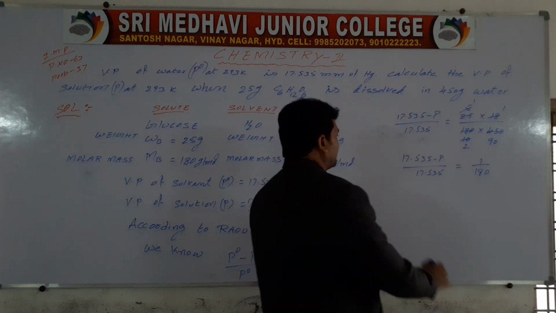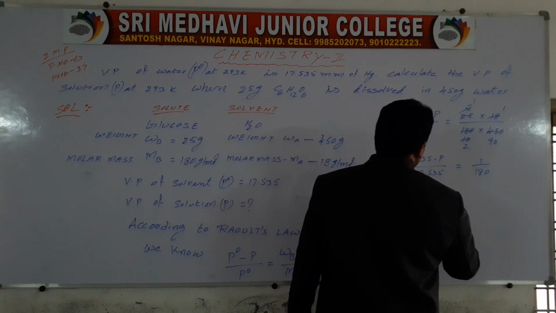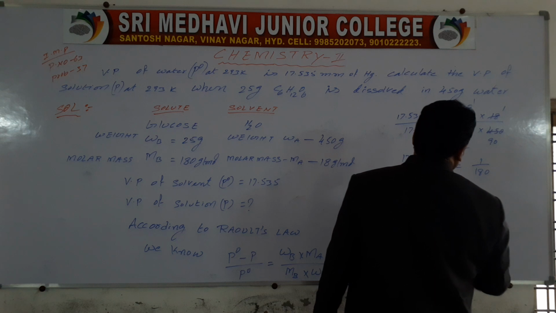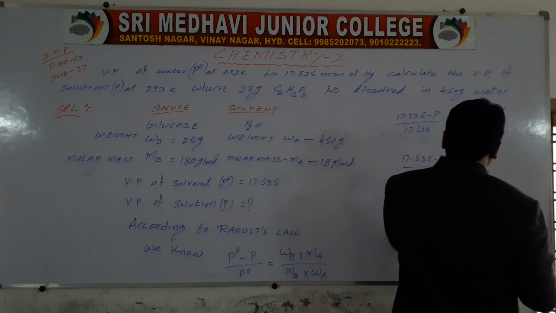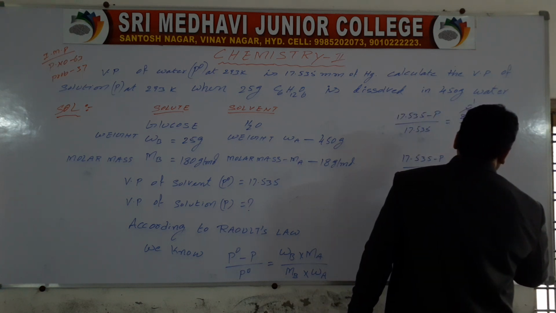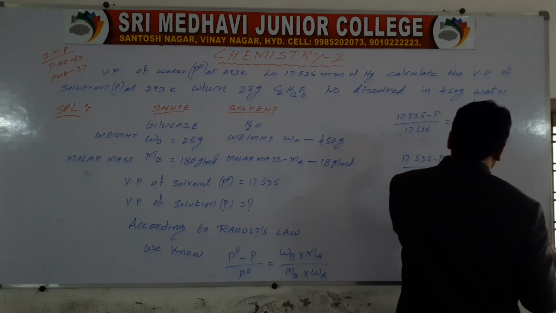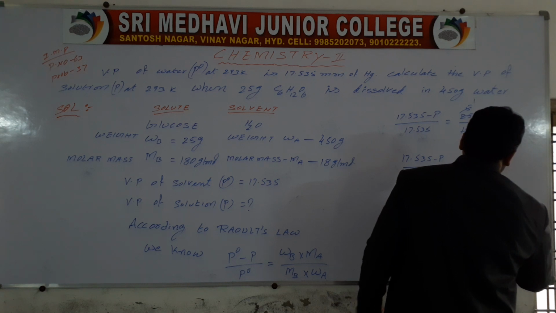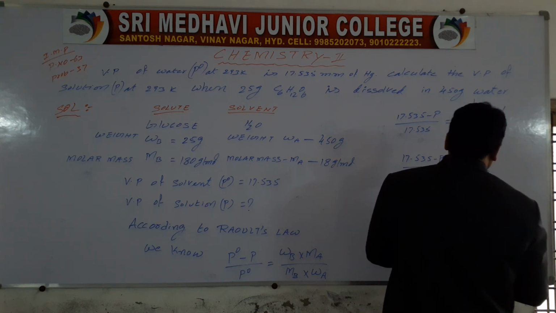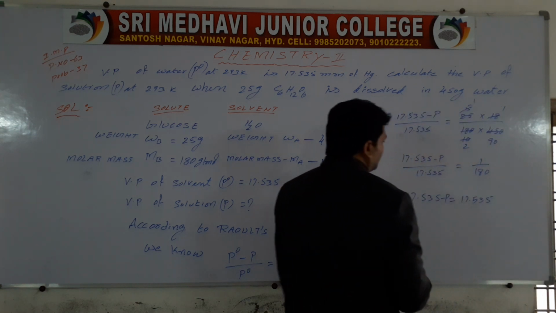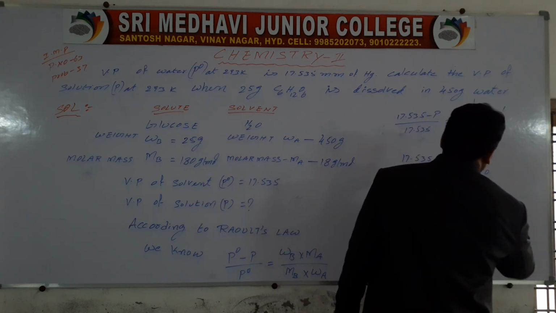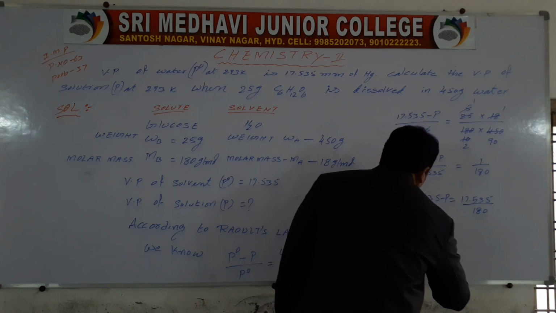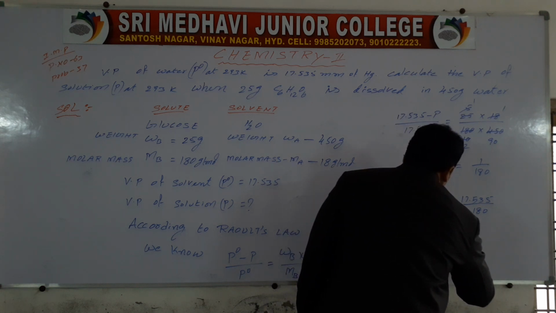Then 17.535 minus P equals 17.535 by 180.